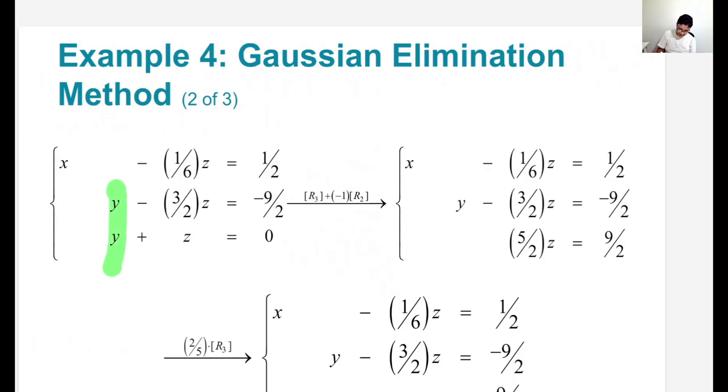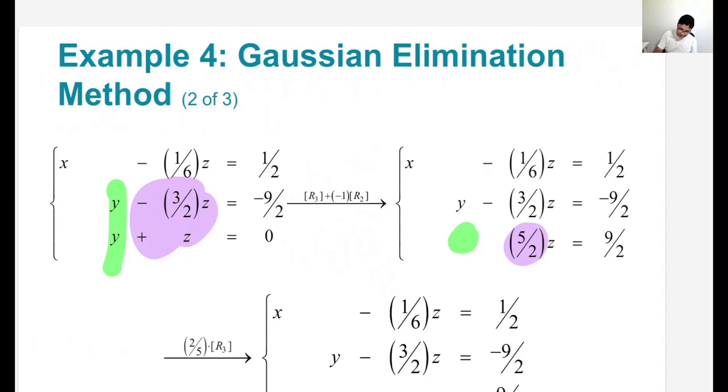Say this, y minus y, and that cancelled out. That's good. We're done there. That is easy, right? But if you do the other part here, it is z minus 3 over 2 z, and that will become 5 over 2 z here.